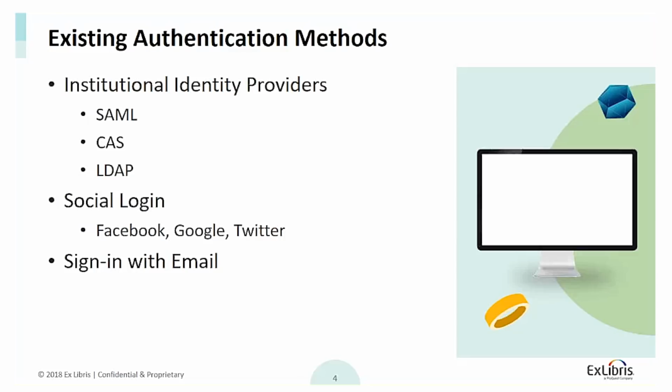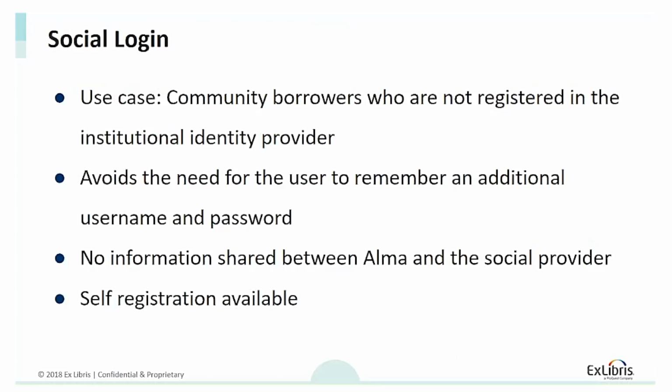So the institutional identity providers we talked about, we know more or less how those work, the SAML and CAS and LDAP. I want to talk a little bit more in depth about these relatively new options of social login and sign-in with email. So let's talk about social login first.